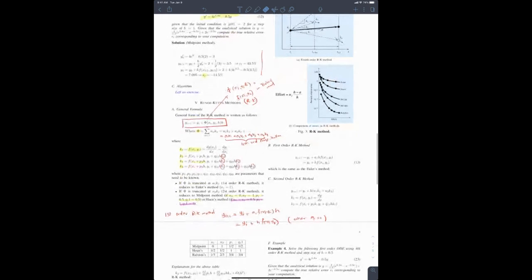So second order is equivalent to two other approaches we studied previously. One is midpoint, the other one is Heun's method, based on what we select for a1, a2, p1, q11, those coefficients. That also means that we can select other values for a1, a2, p1, and q11, which we are not discussing here. So that's second order.